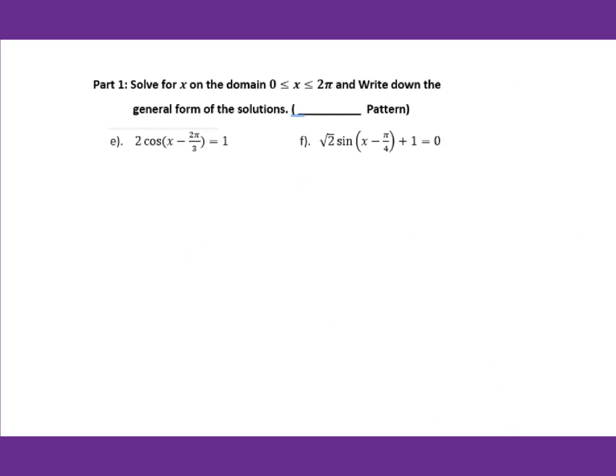Let's go to F. First of all, we still know this is a linear pattern because sine is to the first power. Isolating, that's the keyword. So I need to isolate this sine function. Remember, the angle x minus pi over 4 cannot be separated.